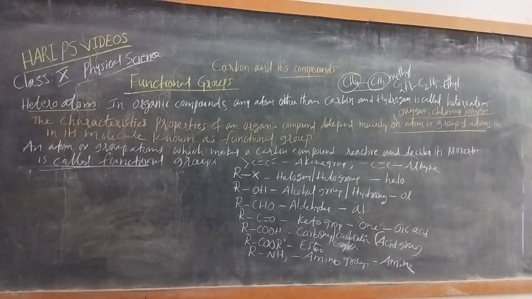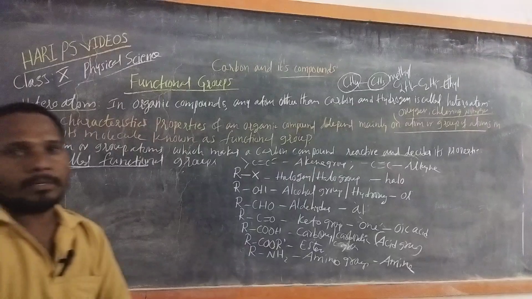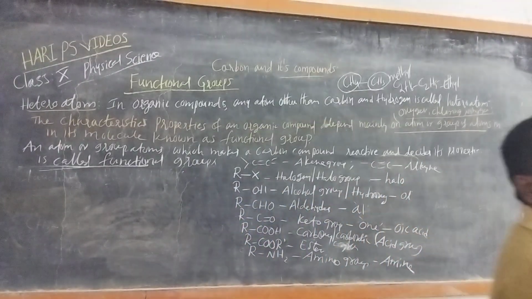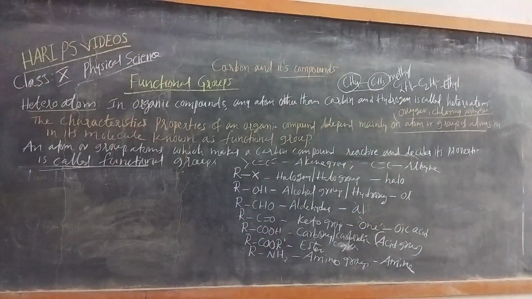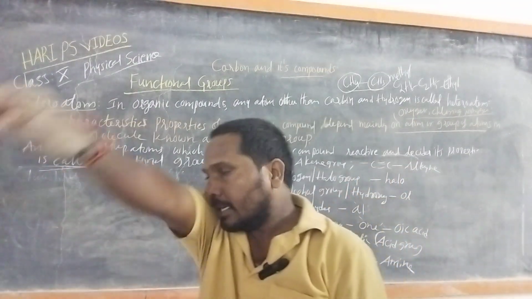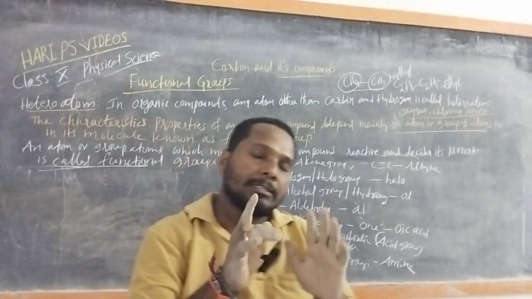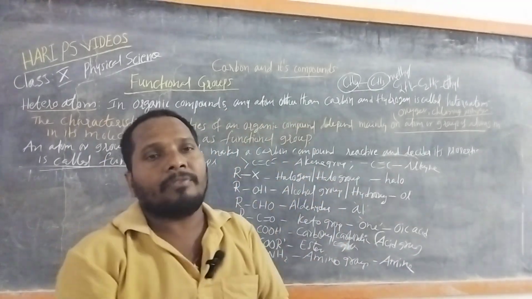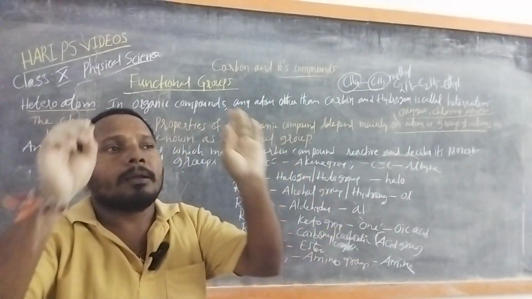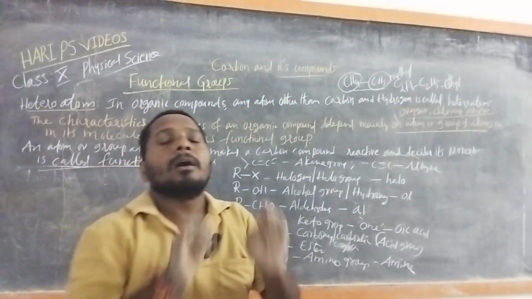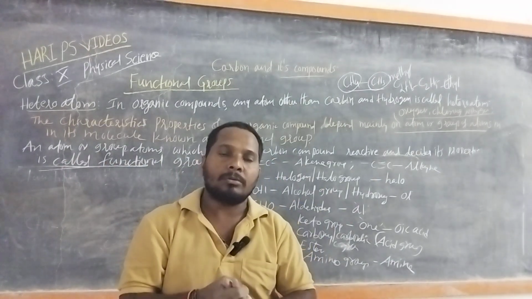Carbon and hydrogen form hydrocarbons, but some organic compounds have another element or atom, such as oxygen, along with carbon. Any atom other than carbon and hydrogen is called a heteroatom. These heteroatoms or groups of atoms change the characteristic properties of organic compounds.